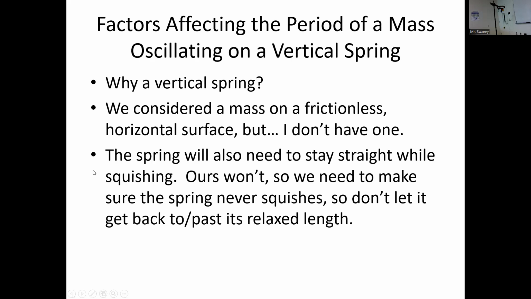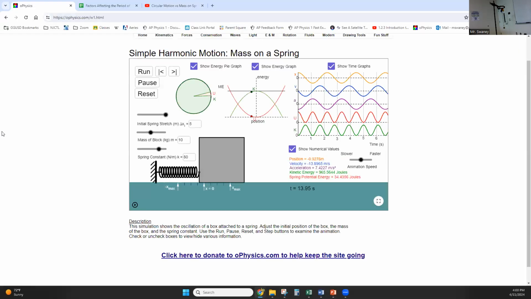The spring will also need to stay straight while squishing. When we had a mass going back and forth, left and right, something like this, right? The spring squishes. Well, in real life, it's hard to get a spring to actually squish.